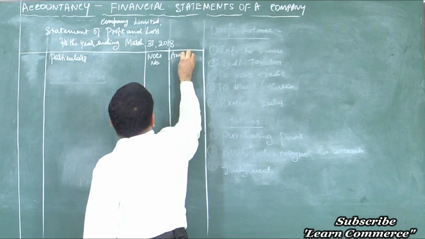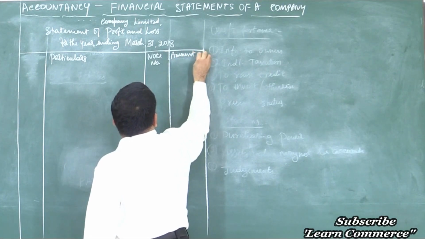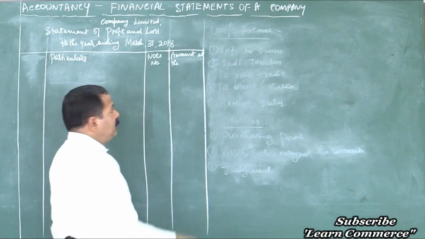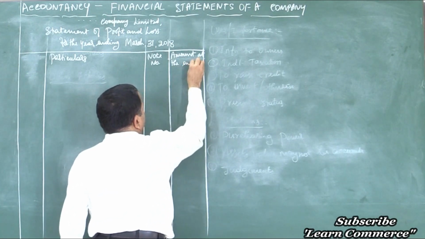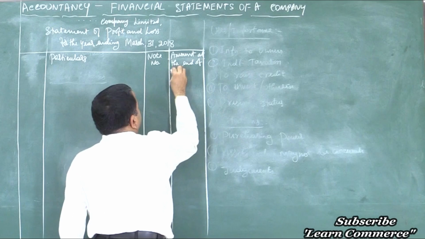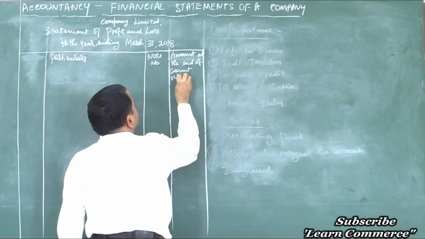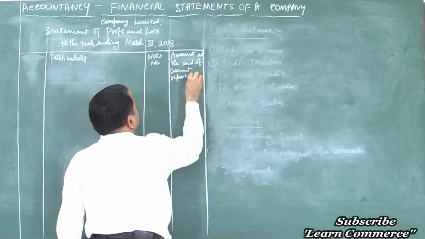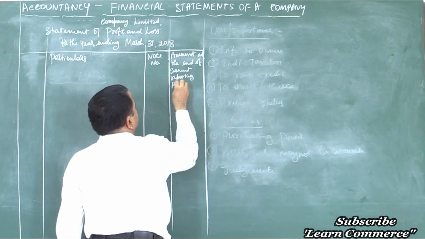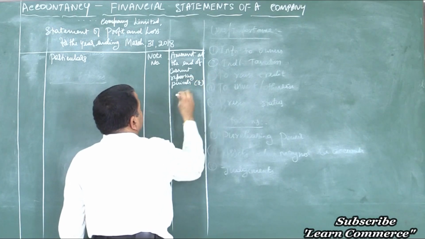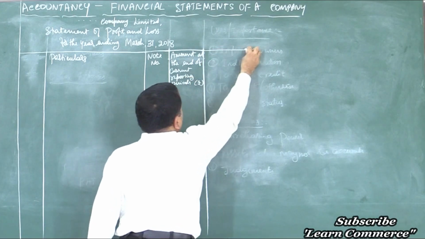Amount at the end of current reporting period, in rupees, very important. Here, just extend the column.